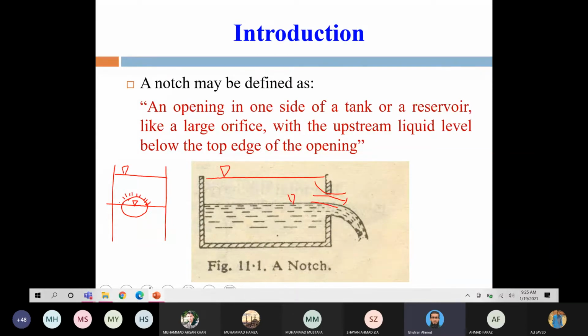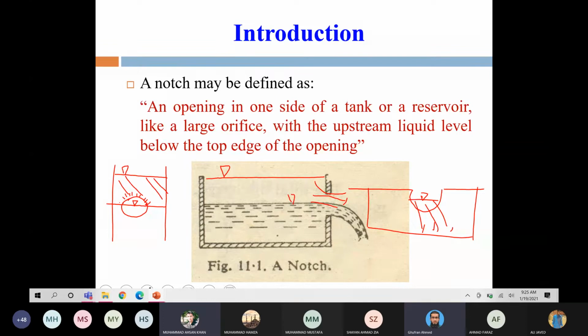So there's no function or purpose of the top surface. Do you agree? Yes, sir. If I remove this whole part, it makes no difference. So it will look like this. Okay? So now this becomes a notch and all the water will flow from this side.